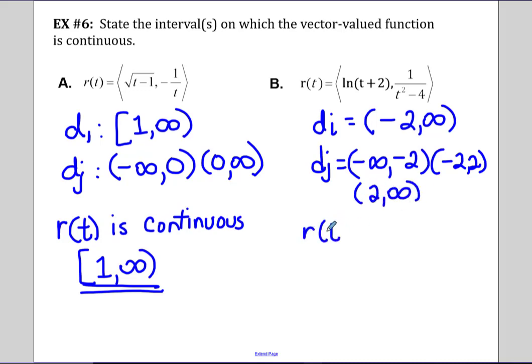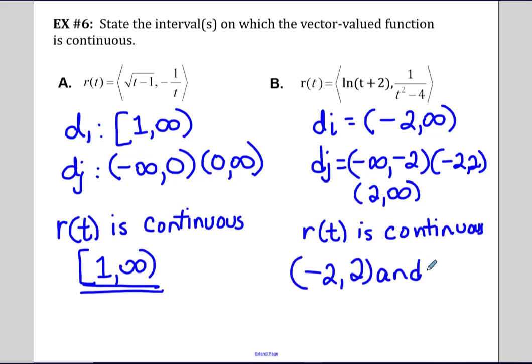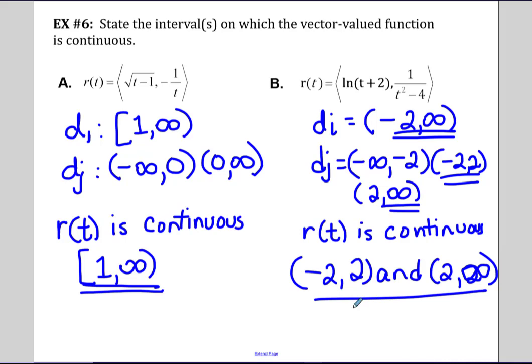And then the overlap, r of t is going to be continuous on, let's think about this, from -2 to 2, and from 2 to infinity, because this one overlaps here and here, 2 to infinity. So we're continuous on those two intervals.